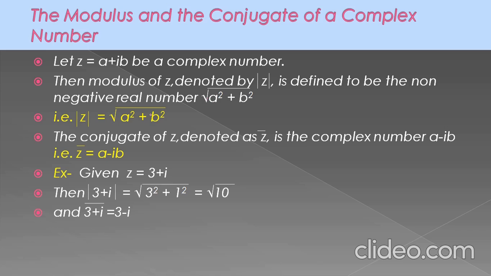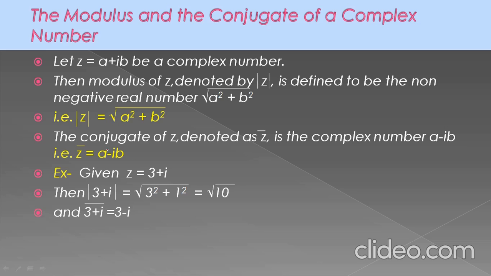That is our modulus of z. And the conjugate of z, denoted as z bar, is the complex number a minus iota b. That is, the sign will be changed. That is, z bar will be equal to a minus iota b.